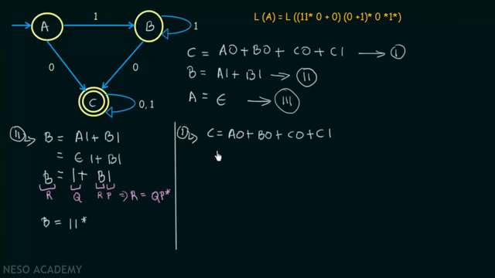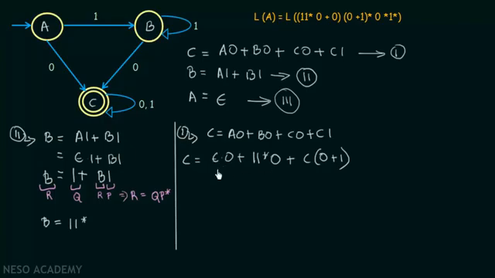And here I will replace A with epsilon and B with 1 1 star. So C is equal to epsilon into 0 plus 1 1 star 0, and from here C0 plus C1 I can take out C common. So if I take out C common, we get 0 plus 1.